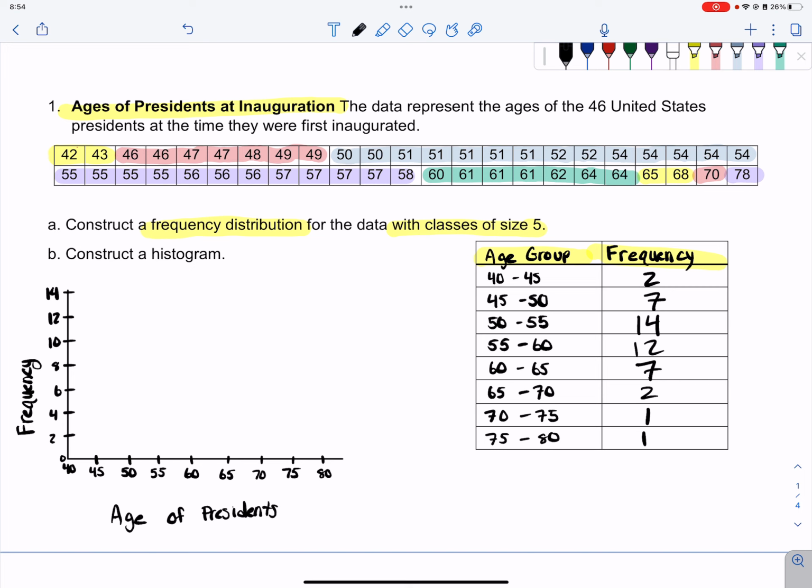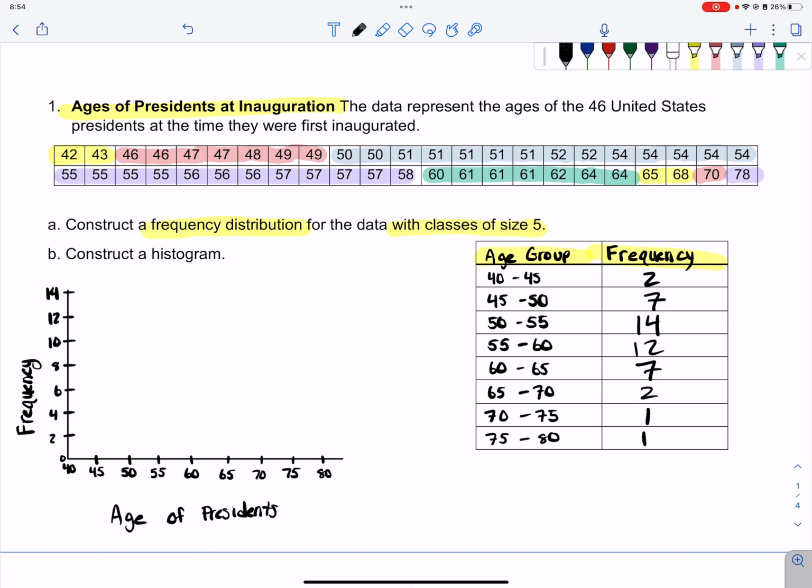And now let's put that onto a histogram. So I already have the axes drawn for the histogram here. On the x-axis, we have the age of the presidents, and I have my dashes for that lining up, matching my age groups. Trying to draw it so that all of them are equally spaced apart in order to try and keep this as accurate as possible.